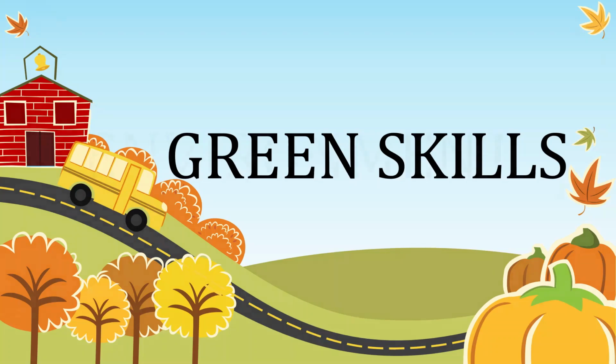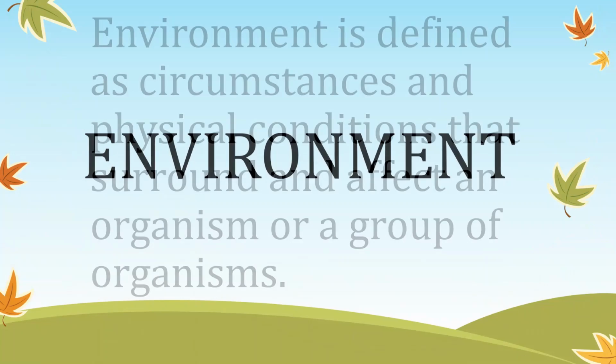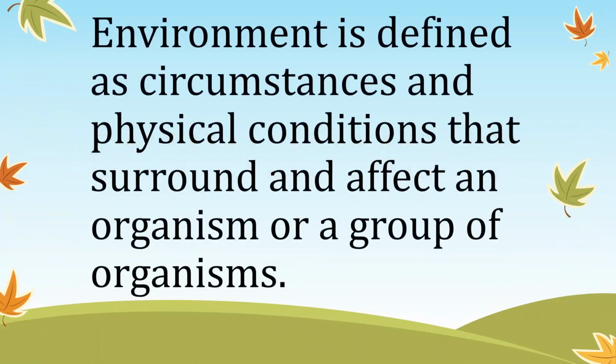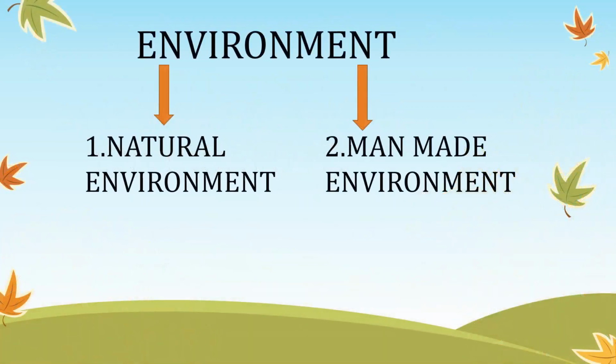Our first topic is environment. So what is environment? Environment is defined as circumstances and physical conditions that surround and affect an organism or a group of organisms. Now let us look at categorization of environment. So environment is categorized in two parts.